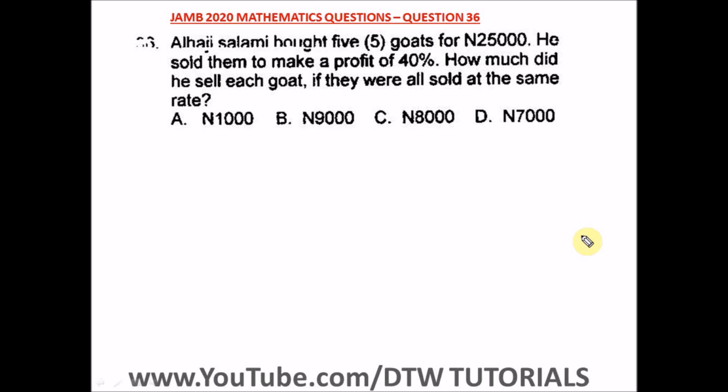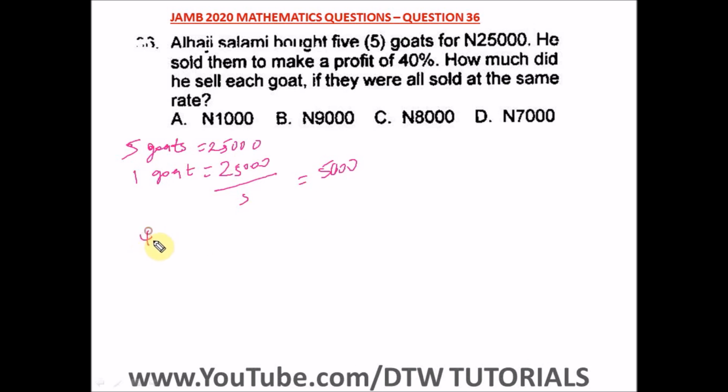First of all, we are going to find how much he bought one goat, because we are told that he bought 5 goats for 25,000 naira. So one goat is 25,000 over 5, which is equal to 5,000.